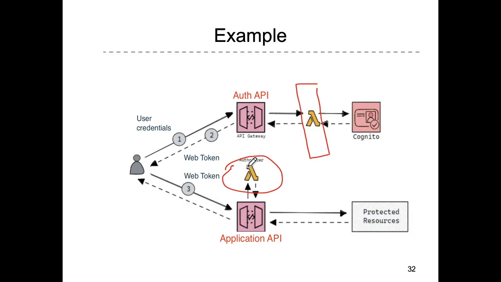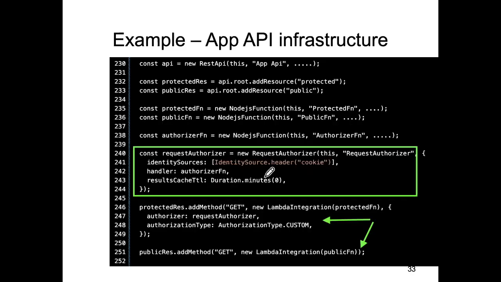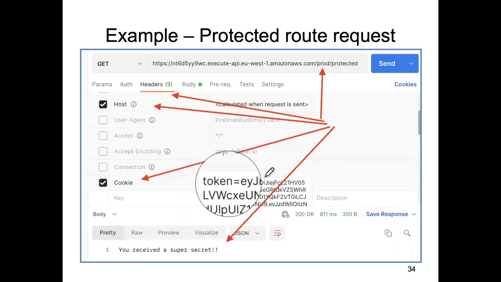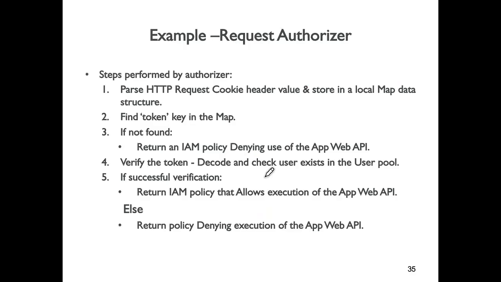All I've done in the slides is explain the sequence of steps that this Lambda performs, and I felt that's as much detail as you need. That's really all I'm documenting here: the procedure that the authorizer Lambda performs.